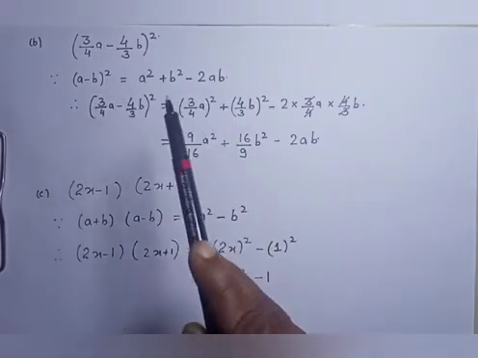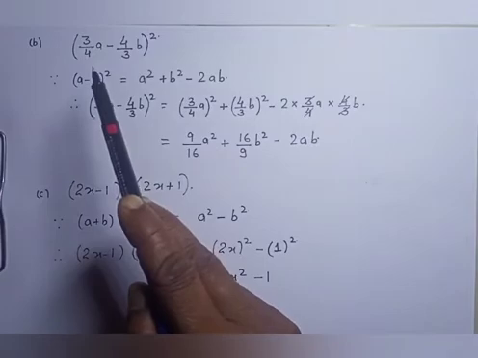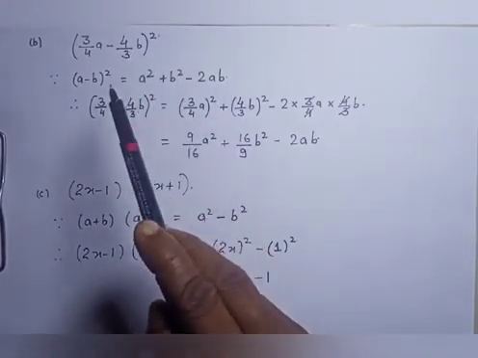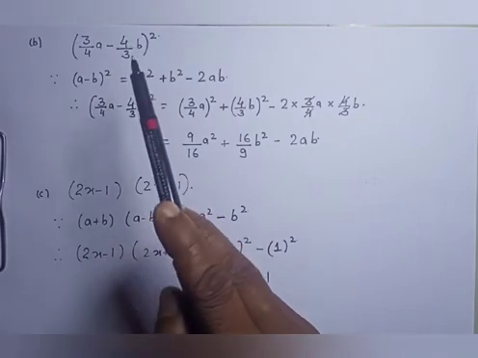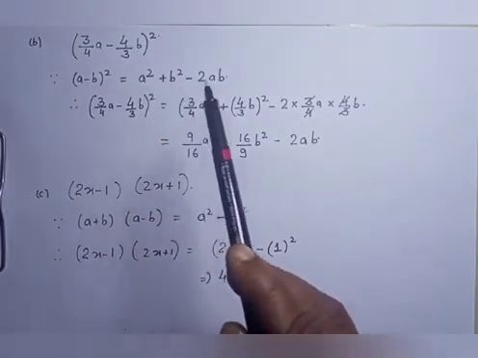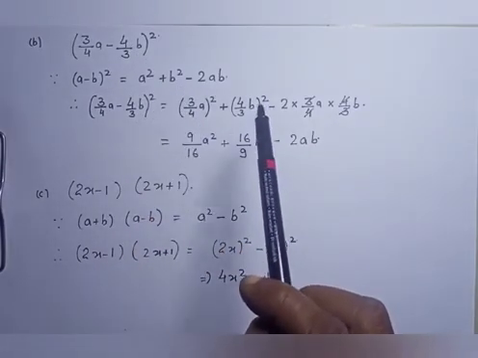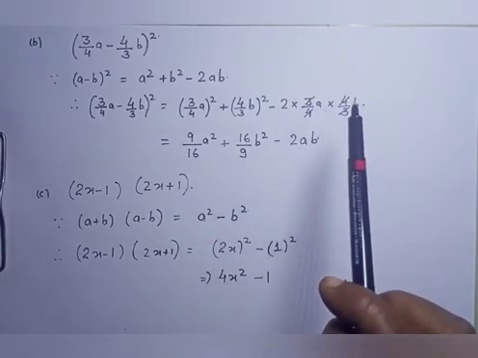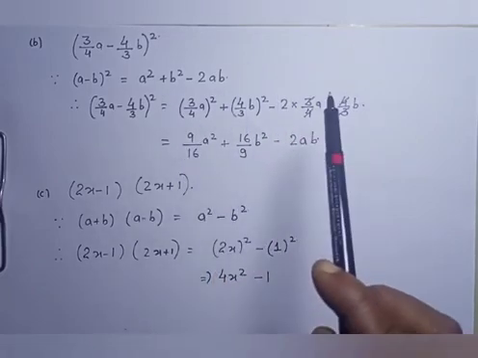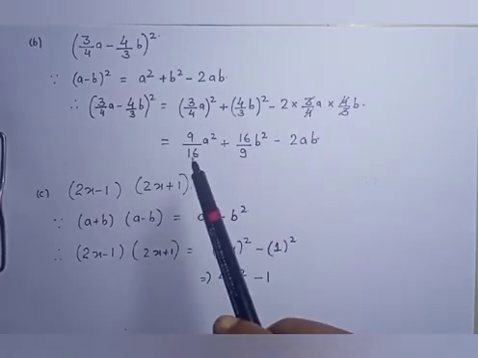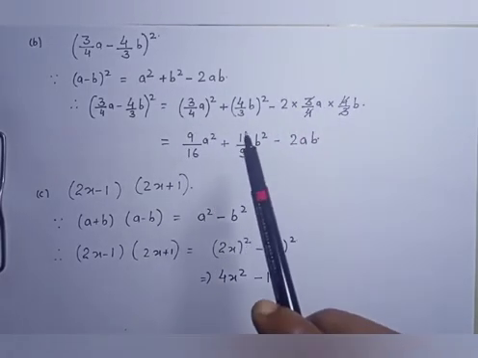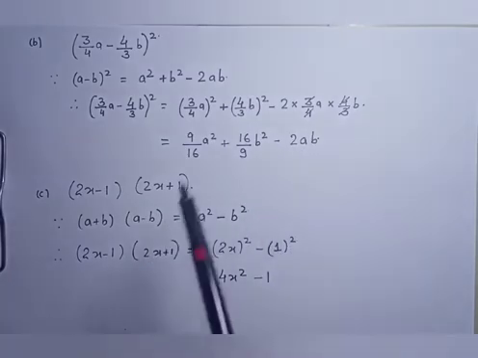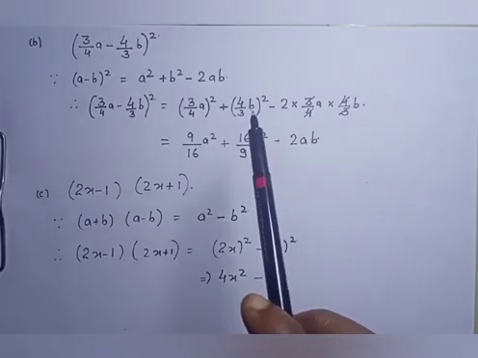So in place of a we are going to place (3 upon 4 a) whole power 2, plus in place of b we are going to place (4 upon 3 into b) whole power 2, minus 2 into 3 upon 4a into 4 upon 3b. So when we calculate it, we get 9 upon 16 a square plus 16 upon 9 b square minus 2ab. I hope this example is clear to everyone.